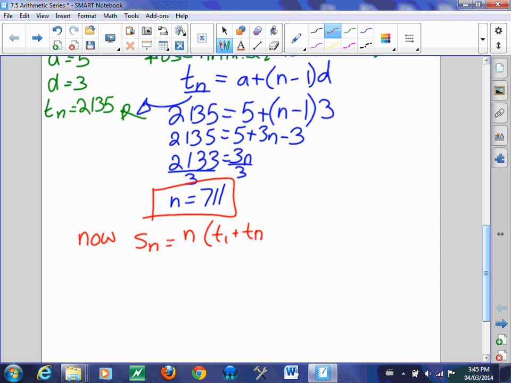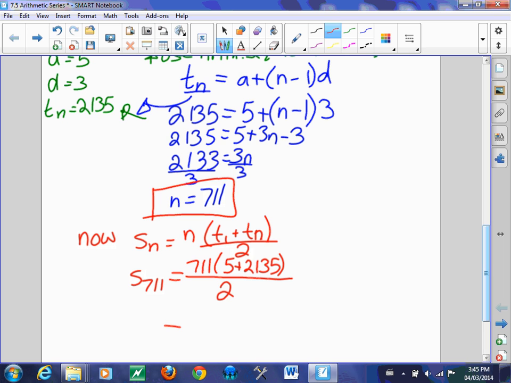I'm just going to use the last one because we're dealing with the n value as given. You could have used the other formula as well if you were working ahead and wanted to use that. So S at 711 equals 711 times 5 plus 2,135, all divided by 2.